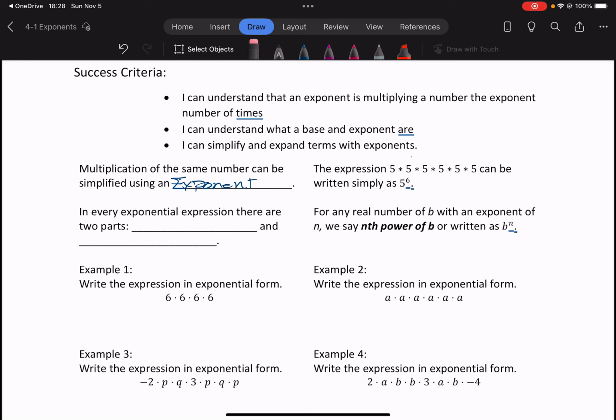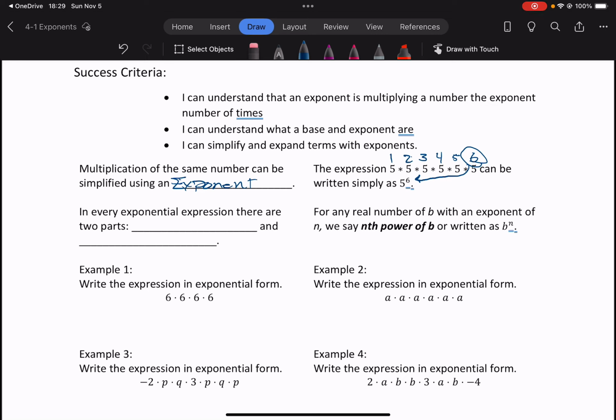For example, the expression 5 times 5 times 5 times 5 times 5 times 5 can be simplified as 5 to the 6th. Let's count: 1, 2, 3, 4, 5, 6 fives. So when we count those up, this number becomes the exponent here.